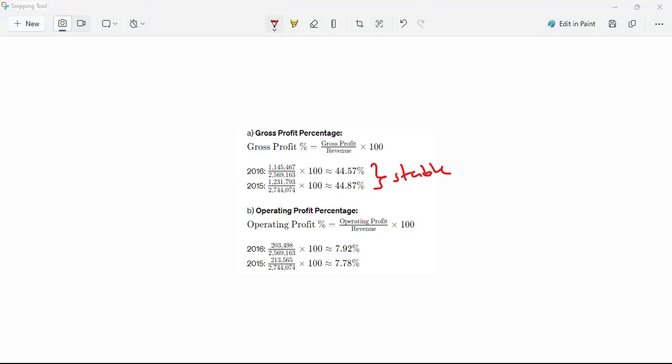Overall, on the profitability for Kandolo Limited for 2016, there's a stable but slightly declining profitability compared to 2015. Whilst the company still maintains a healthy gross profit margin, there's a slight decrease in operating profit percentage, which indicates potential challenges in managing the operating expenses or maintaining the margins.